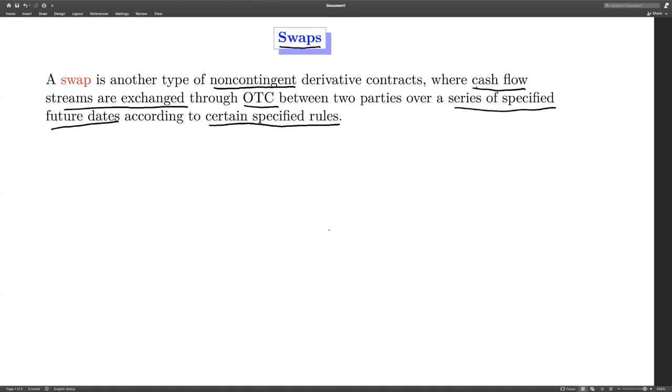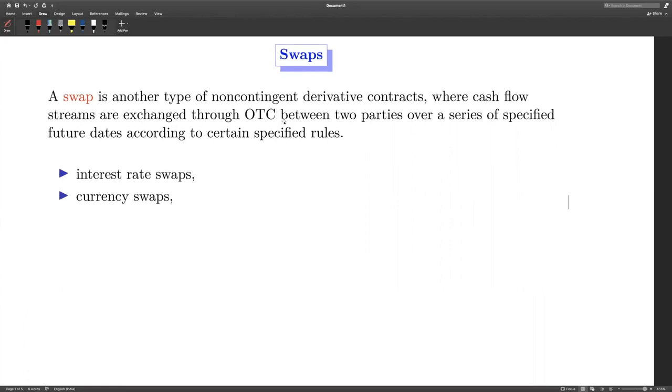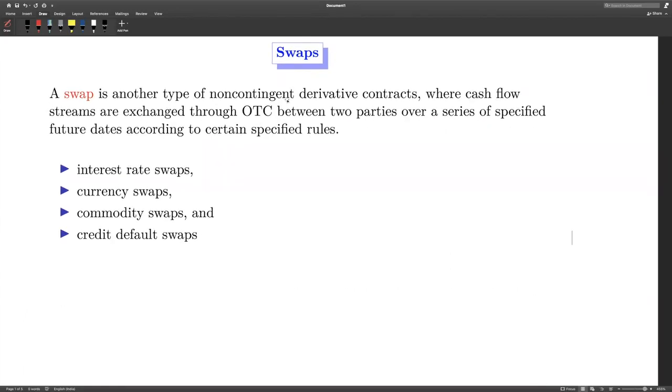That also matters. Mostly financial institutions and companies use swaps extensively to hedge interest rate and exchange rate risks over a period of time. Some of the popular swaps are interest rate swaps, currency swaps, commodity swaps, and credit default swaps. Out of these four swaps, we will be concentrating only on the interest rate swaps, and we will not touch upon the other things.